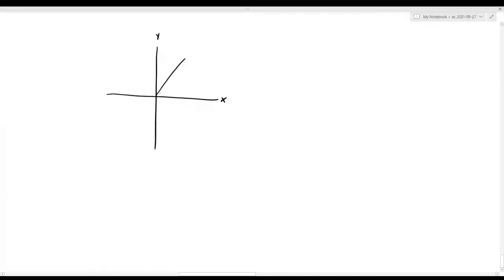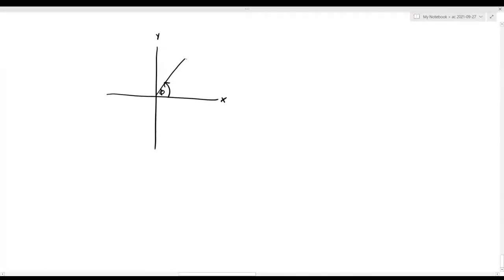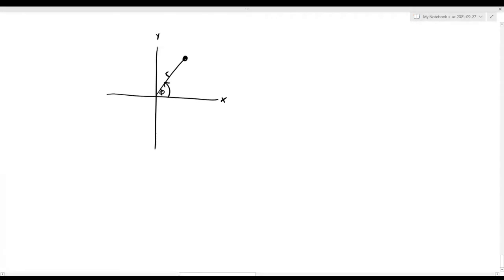So if you have a point in the xy plane, I'm only calling this phi just because of some of the standard parametrizations I've seen; it doesn't matter. That's phi. This is a point. Let's call that r for the distance between the point and the origin.